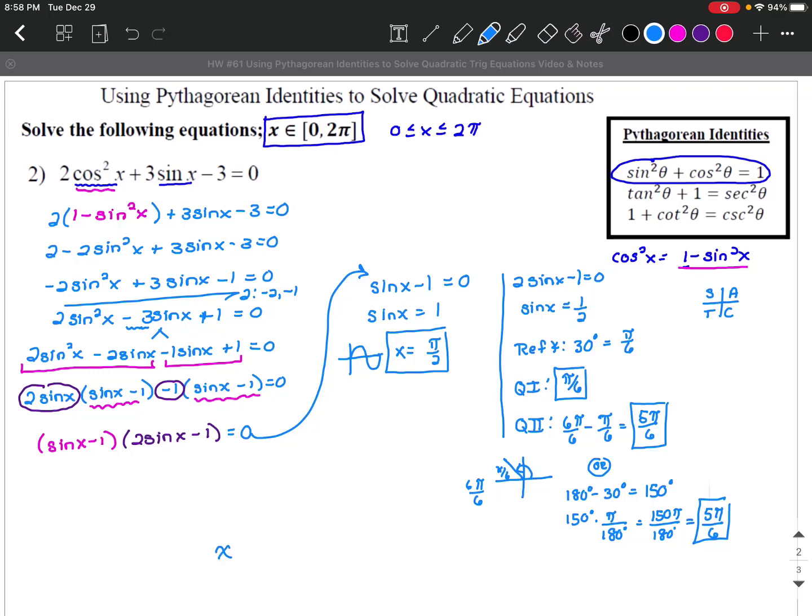So now we can say that x can be pi over 6, pi over 2, and 5 pi over 6. And here we have 3 solutions for our quadratic trig equation.